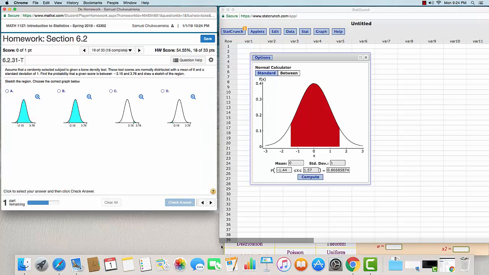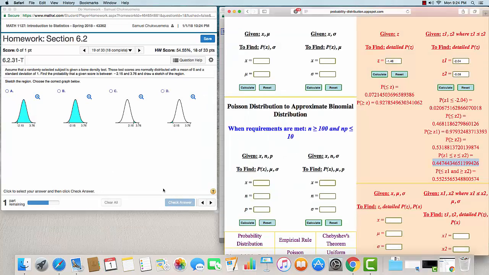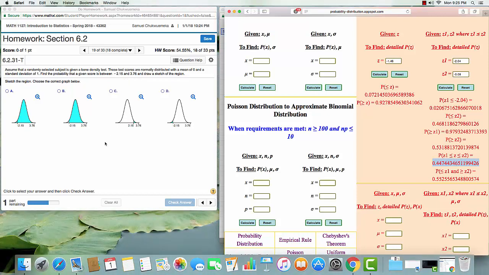Okay, question 19, my turn. Between negative 2.15 and 3.76. So negative 2.15, 3.76.